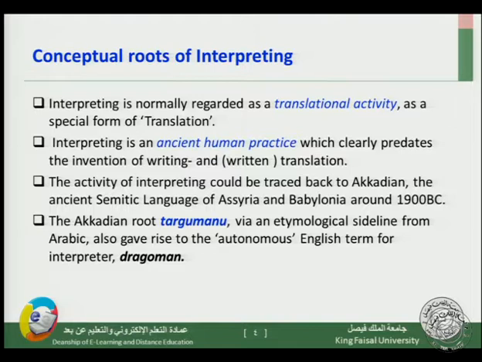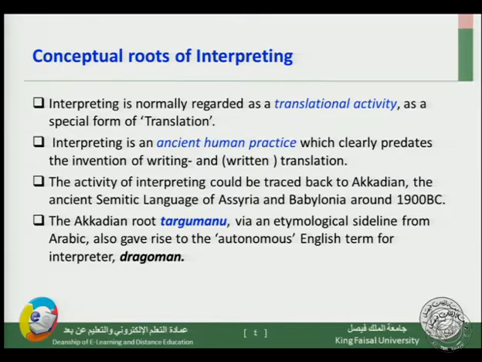Interpreting started in Syria and probably Babylonia, with the Assyrian language used in that area of Syria, and Babylonia is in between Syria and Iraq. So in that place and during that time, interpreting started to take place.